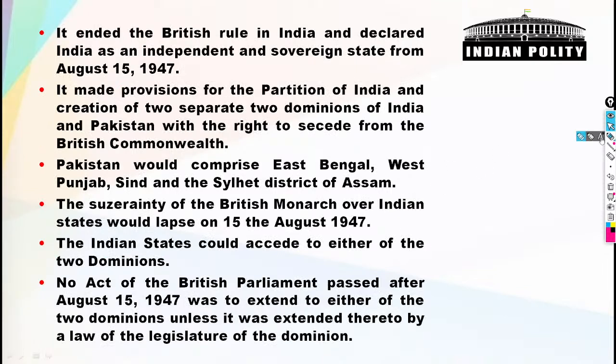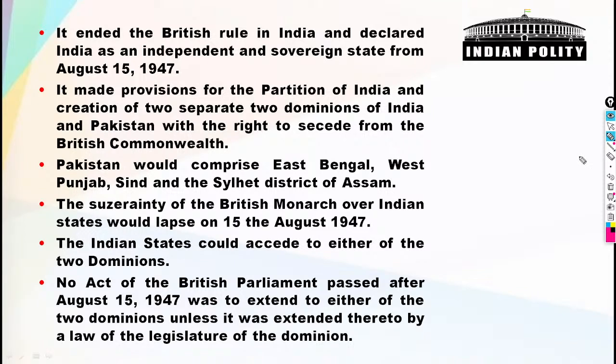It ended the British rule and British paramountcy on 15th August 1947. It declared the partition of India into India and Pakistan and declared them two dominions. Pakistan would comprise East Bengal, West Punjab, Sindh and the Sylhet district of Assam, a haphazard combination.